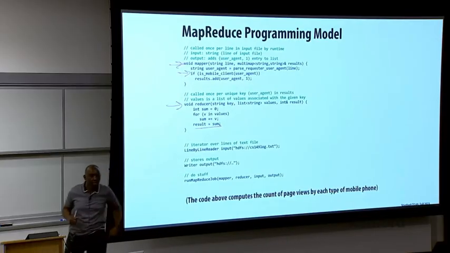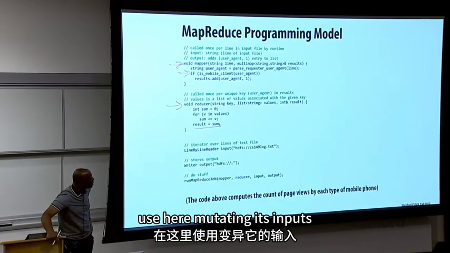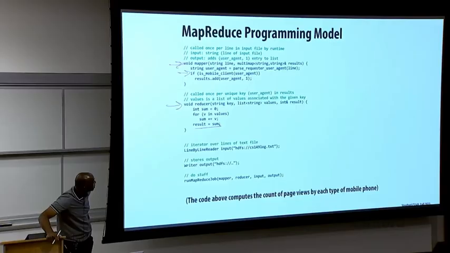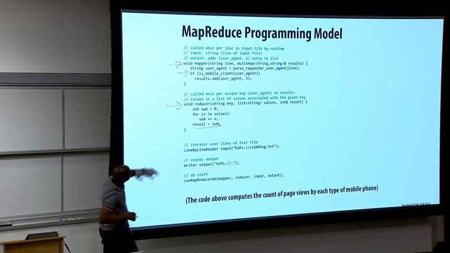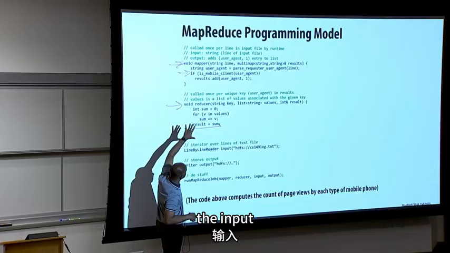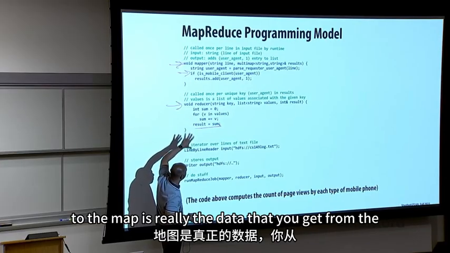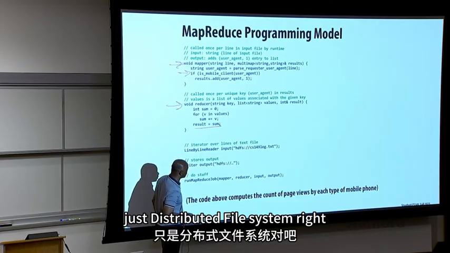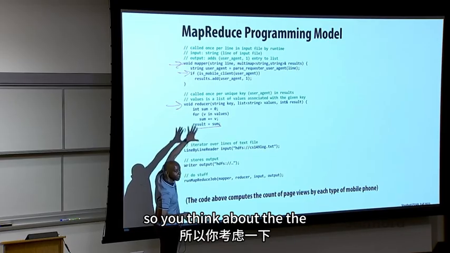Is the map and reduce here mutating its inputs because it's adding to the map and setting the result? The way to think about this is that the input to the map is really the data that you get from the distributed file system.